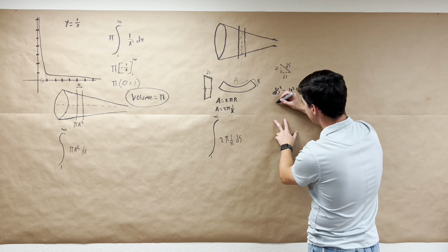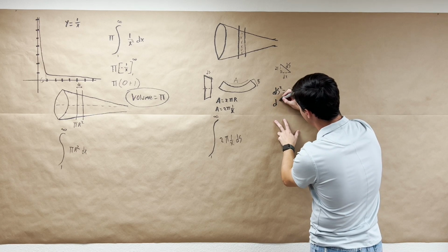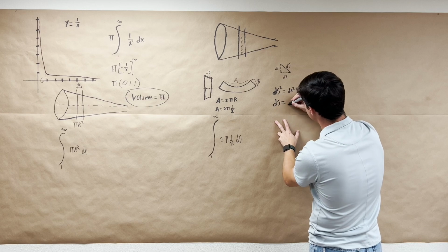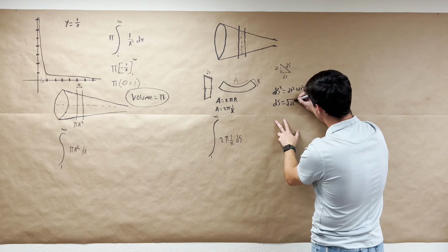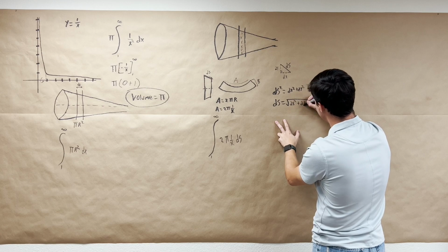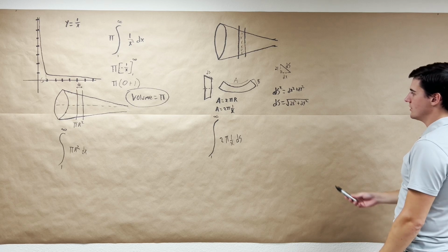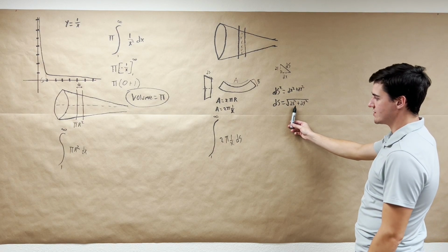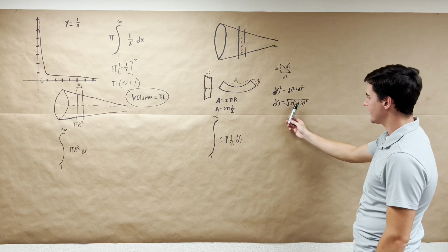So we're going to take the square root of both sides, and this will leave us with ds equals the square root of dx squared plus dy squared. This isn't particularly useful to us yet because we need it in terms of dx.